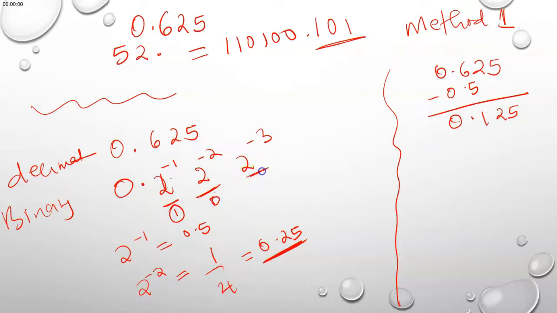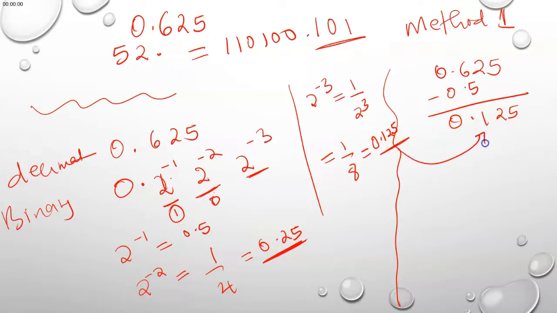Therefore, we ask ourselves, can the other one be used to represent 0.125? We do the quick conversion: 2 to the power minus 3 is equal to 1 over 2 to the power 3, which is 1 over 8, which equals 0.125. Therefore this can be used to represent our remainder fully.